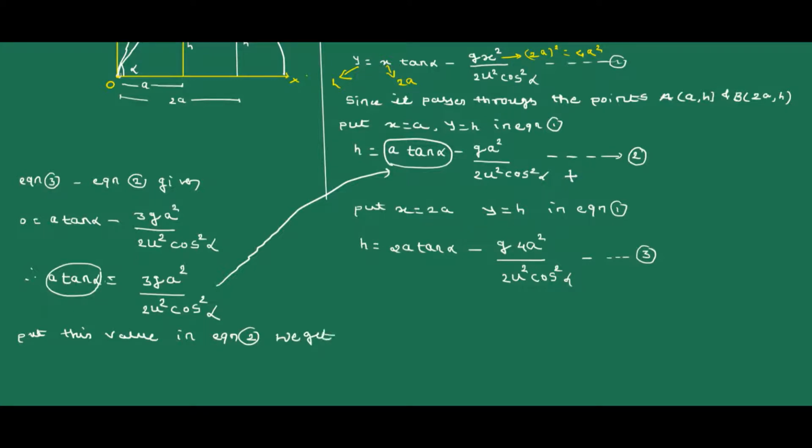We get h is equal to a tan alpha value, which is 3ga square divided by 2u square cos square alpha, minus ga square divided by 2u square cos square alpha.